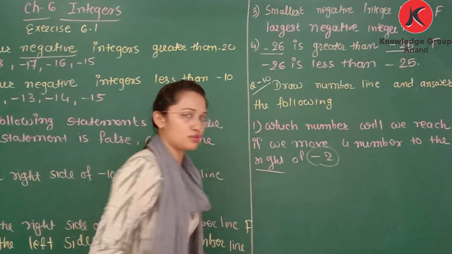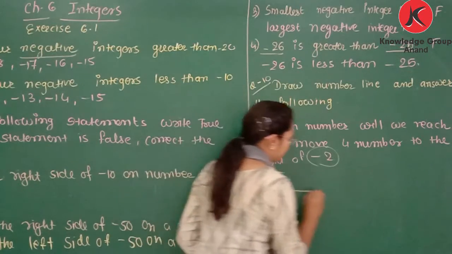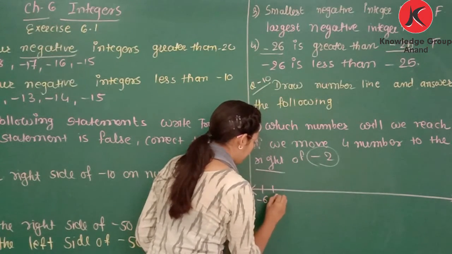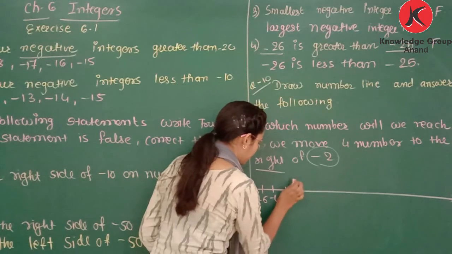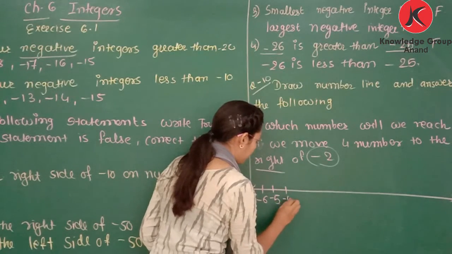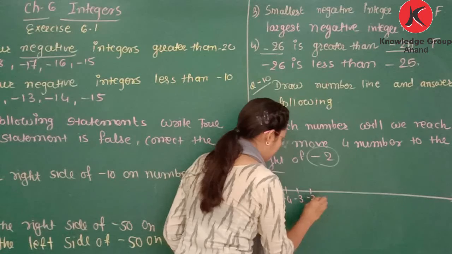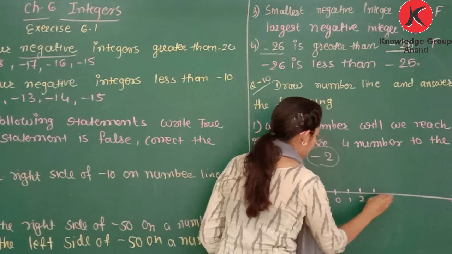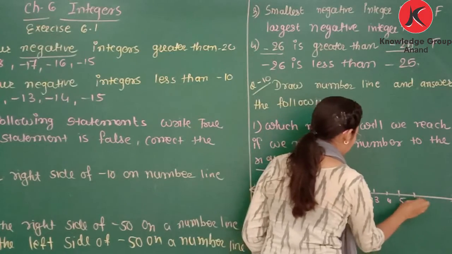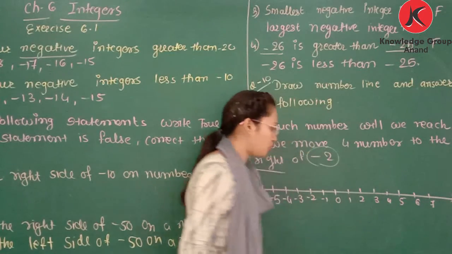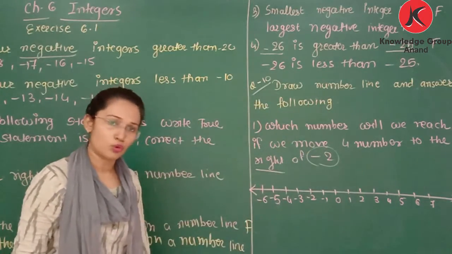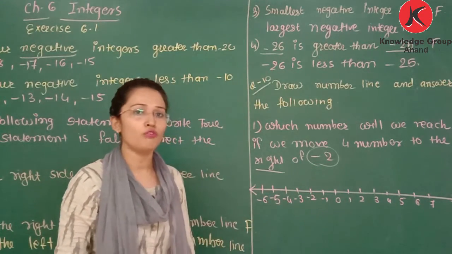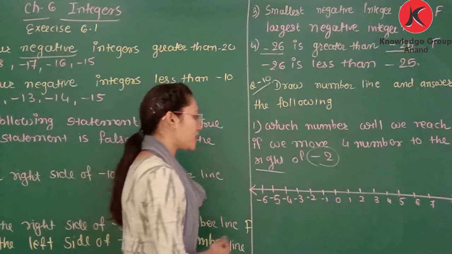from minus 2. So let's draw a number line. You can extend the number line on the right and left both sides. So here from minus 2, you need to move 4 steps to the right. So where is minus 2?